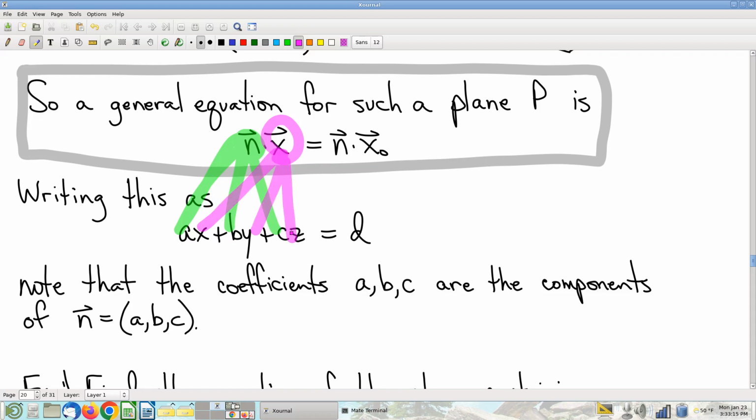They could be anything, depending on what point we're testing. And then if you look at the right side of the equation, n is given, but also x naught is given. So this whole thing is all given, these are defining features of the plane, and so you can just do that dot product, get some number, let's call it d.